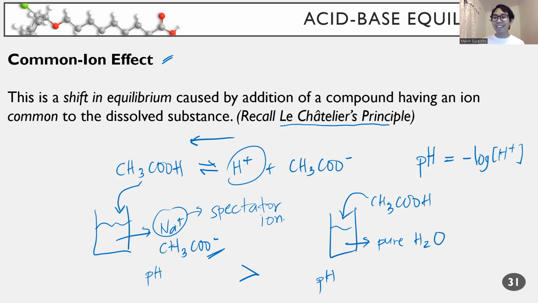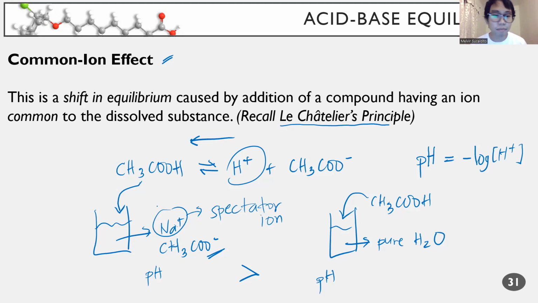Although in advanced classes, spectator ions do have an effect. It's like a spectator spilling a hotdog in the arena. But their effect is very minimal, so we can disregard them for this common setup.